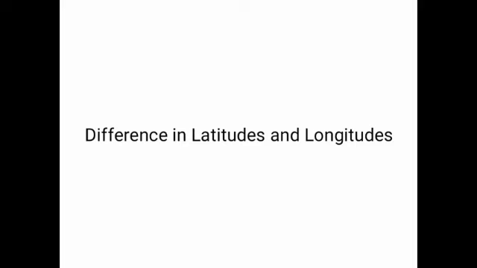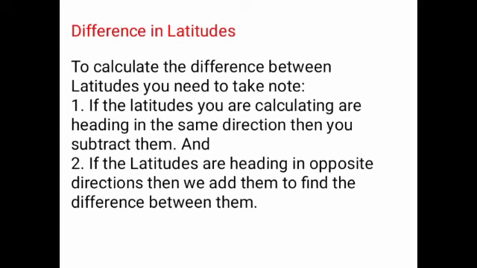Now in this one, we are going to focus on the differences in latitudes and longitudes. So how do we get the differences? To calculate the differences between latitudes, you have to take note of a few things. The first one is, if you're calculating the difference between two latitudes, take a look at their directions in where they're heading in.